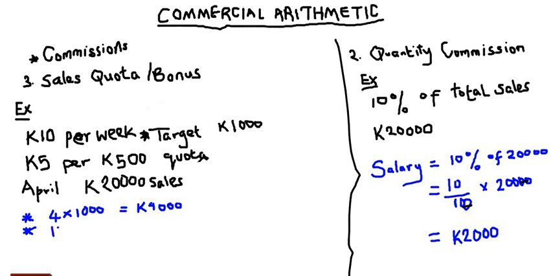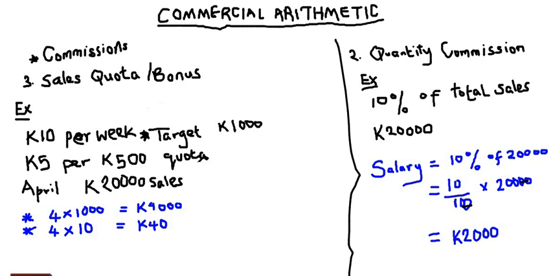So we have 4 times 10, which means each week that we sell 1,000 kwacha, we are getting 10 kwacha, right? So at the end of 4 weeks, we are getting 40 kwacha. This is the payment for meeting that target.